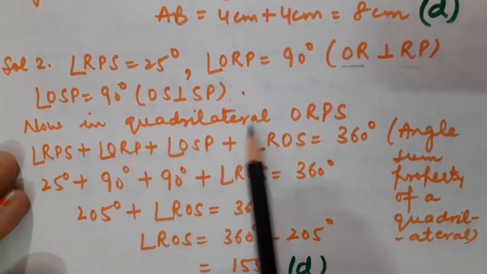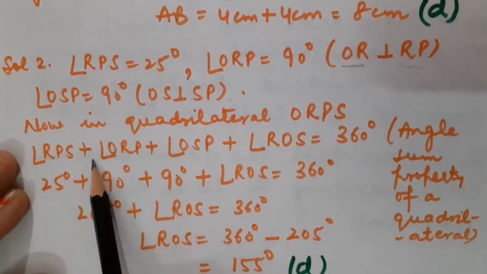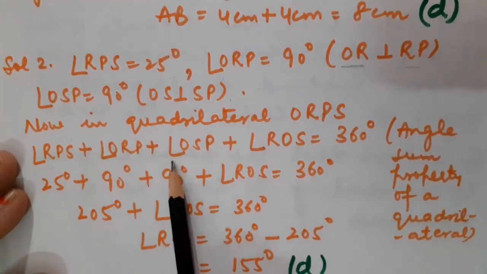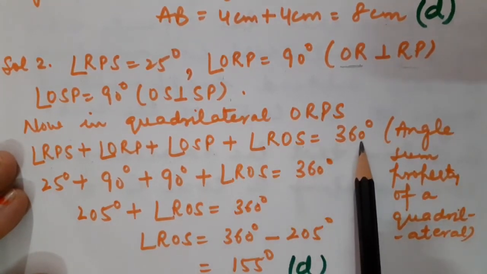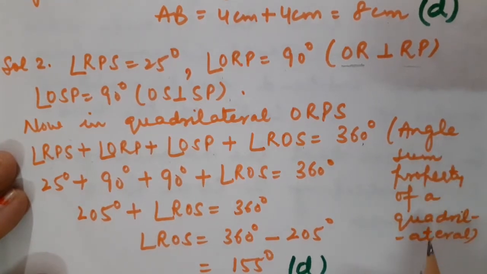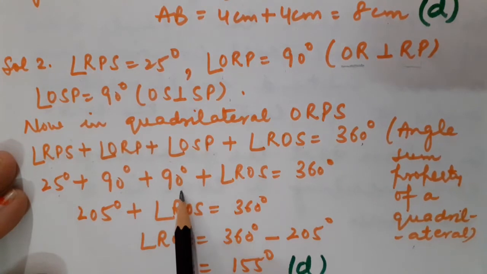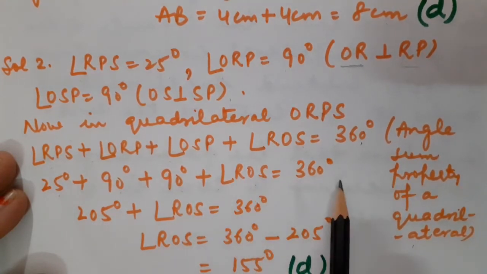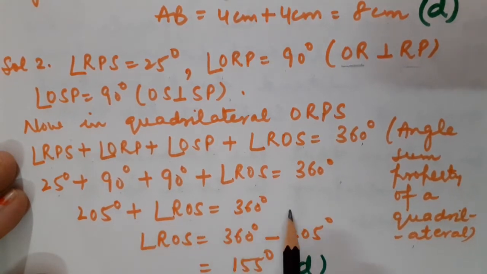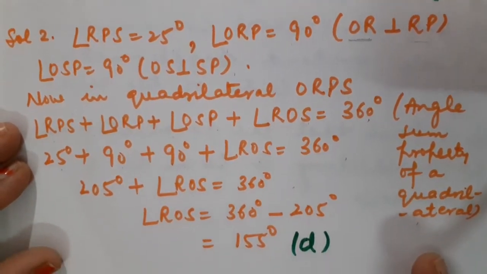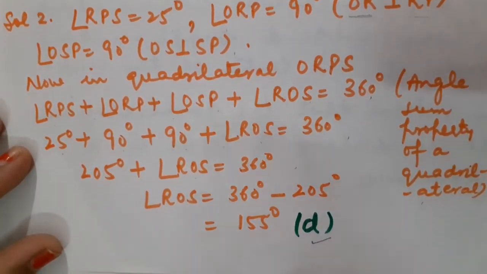Now in quadrilateral ORPS, angle RPS plus angle ORP plus angle OSP plus angle ROS is equal to 360 degree by angle sum property of a quadrilateral. So 25 degree plus 90 degree plus 90 degree plus ROS is equal to 360 degree. 205 degree plus ROS is equal to 360 degree. So angle ROS must be 155 degree. That is, option number D is the right option.